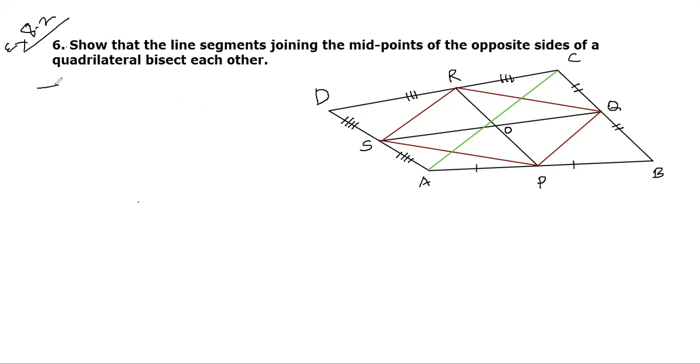Means we have to show that PR and SQ bisect each other. They should bisect each other.